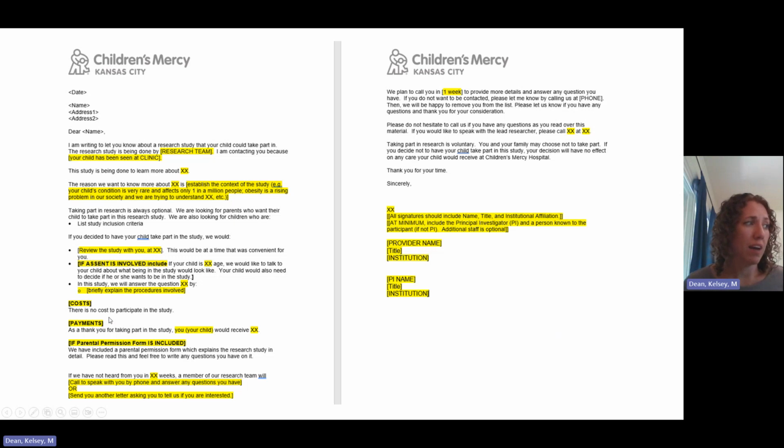You could put in the cost, if there is a cost to participate, or if they get payments, you can add that in the letter. But the most important thing would be this last part on this page and on the top of the second page, is, if we have not heard from you in X number of weeks, we usually say 1 to 2 weeks, then a research team member will reach out to you to tell you more about the study to see if it's a good fit for you.